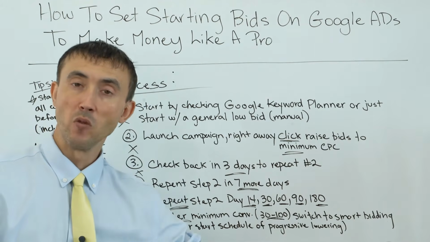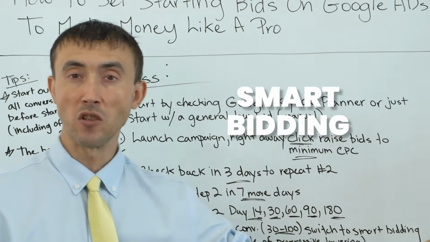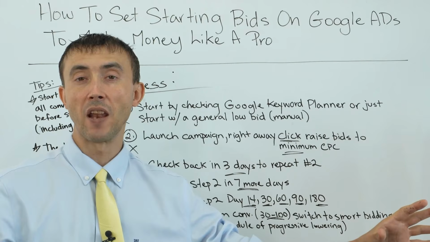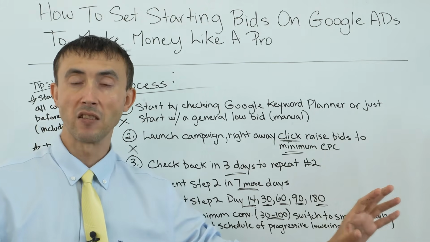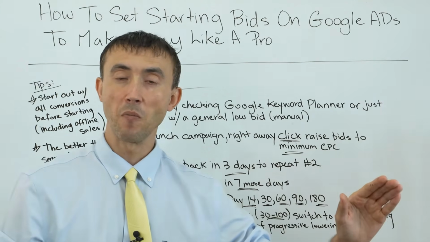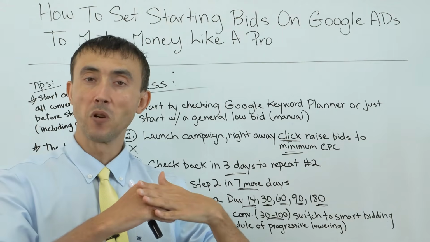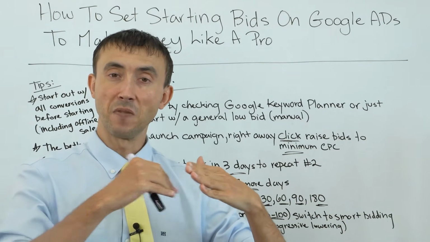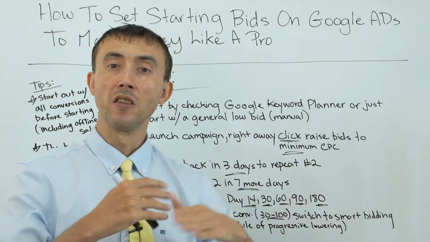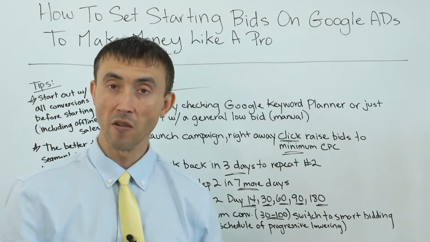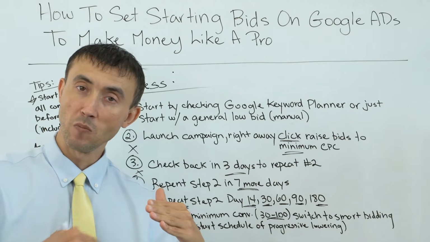If you're not profitable, you lower the keyword bids or just switch to smart bidding, which is the route I would recommend because it works the best. You're going to set your smart bidding up to get you a cost per lead or cost per sale that's at least 15% better than what the campaign already generates, because that'll push it to be more efficient.